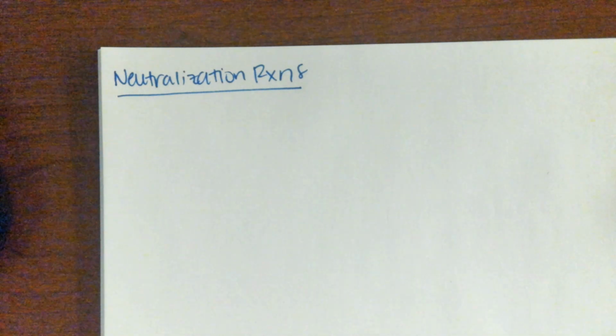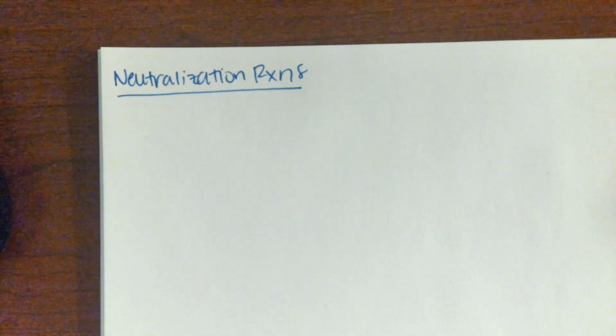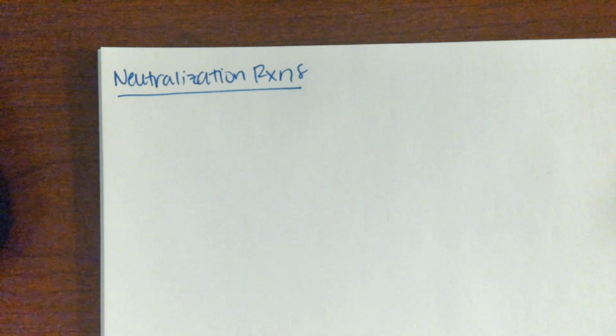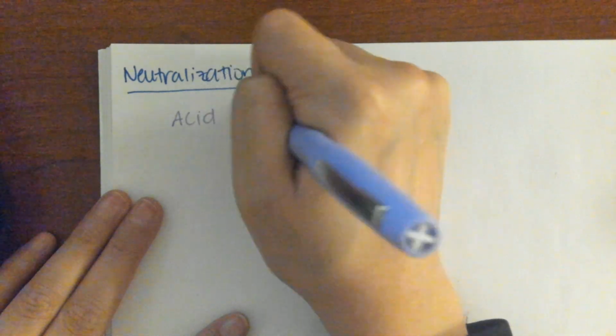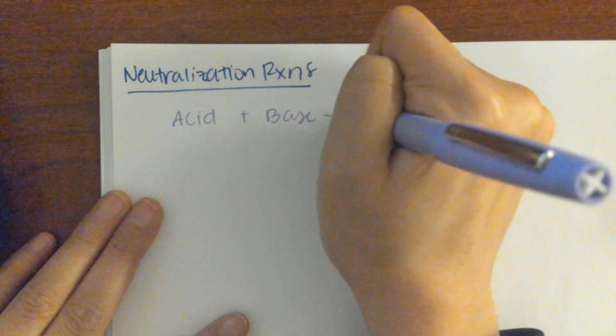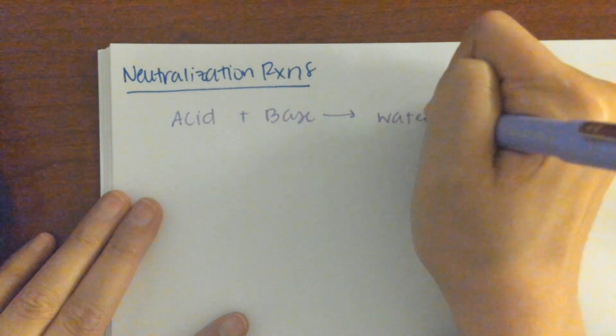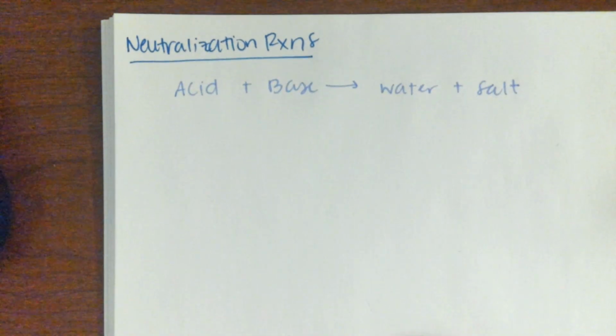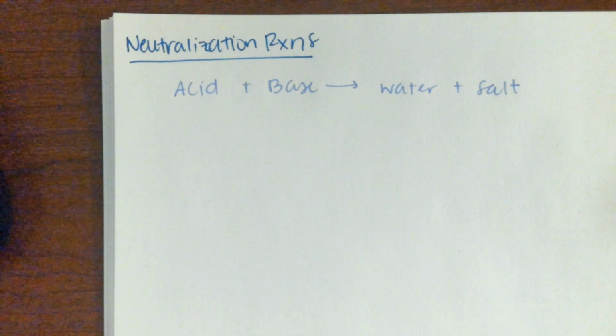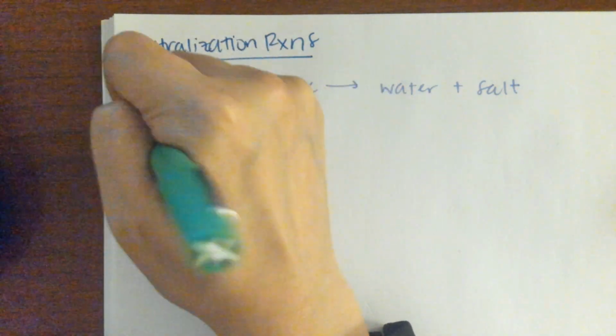When you put them together, they cancel each other out, so it becomes neutral. And we know that a neutral solution is water. So we have our acid plus our base. It makes our water and our salt. Okay?